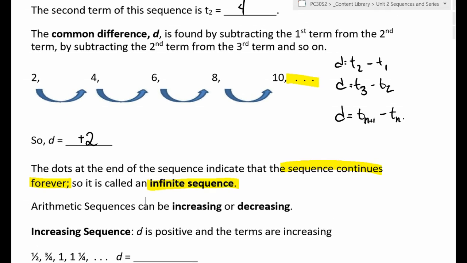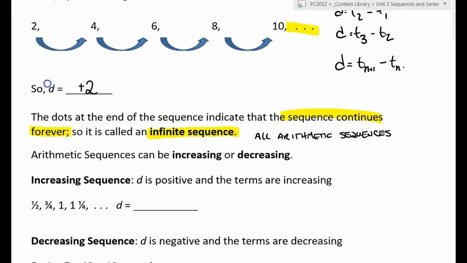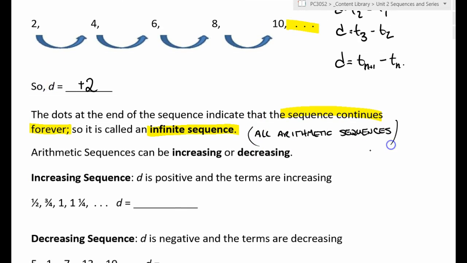All arithmetic sequences are infinite sequences, because we can keep adding 2 forever, no matter what. There's always room to add 2.